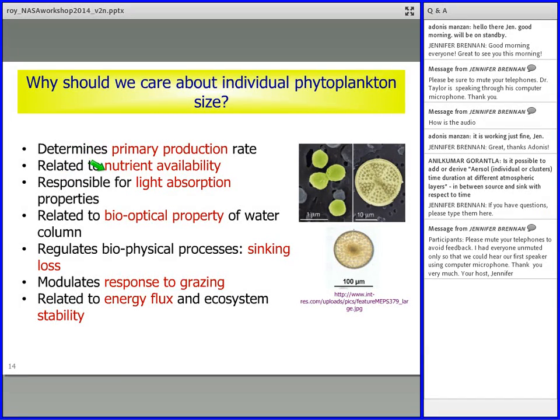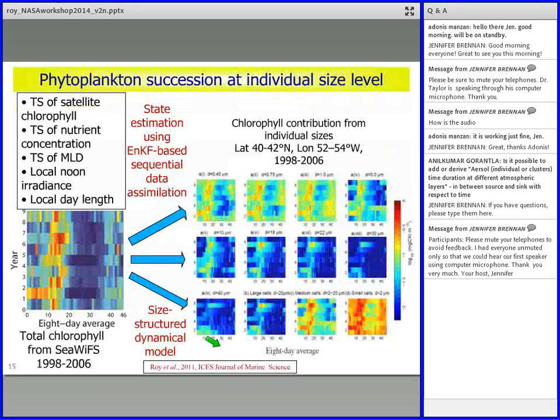This is related to nutrient availability. It's related to light absorption properties, the bio-optical property of the water column, and sinking loss. It also modulates the response to grazing, and is definitely related to the energy flux and ecosystem stability. So it's very important to know the contribution of phytoplankton biomass at individual size level.